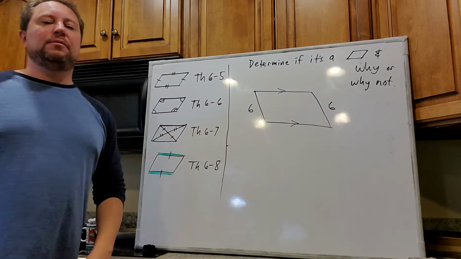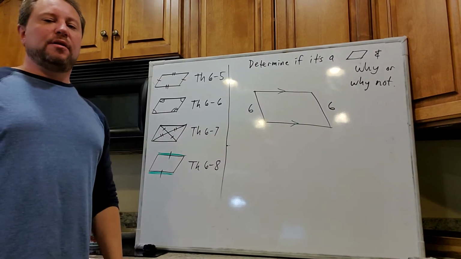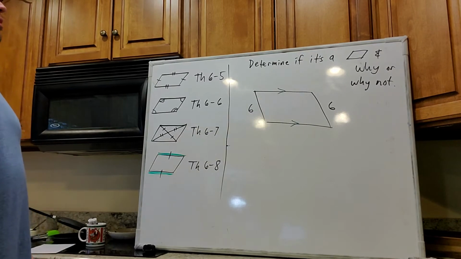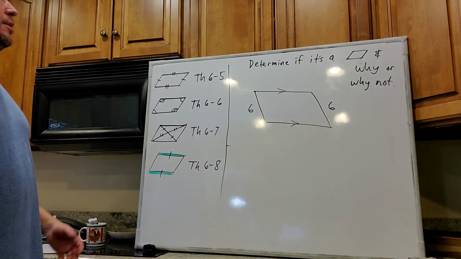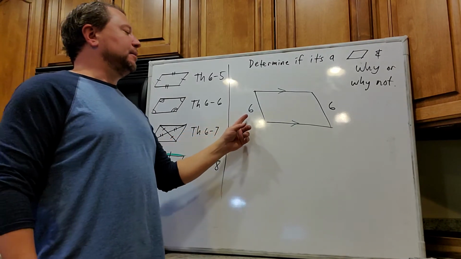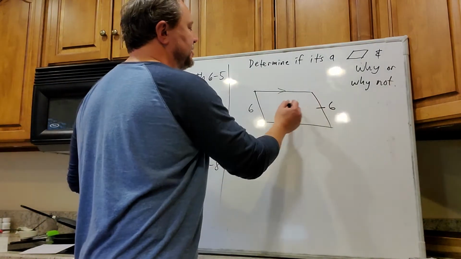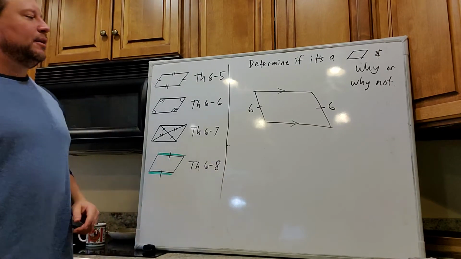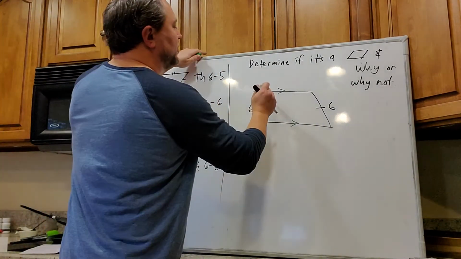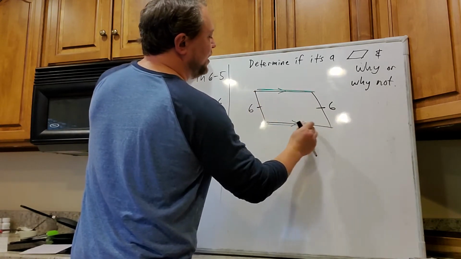Okay, here's our problem. They want to know again, is it a parallelogram? Why or why not? Okay, so on this one, again, be careful. Even though I have matching 6s here, and I have parallel lines on the top and bottom, this is parallel to that.